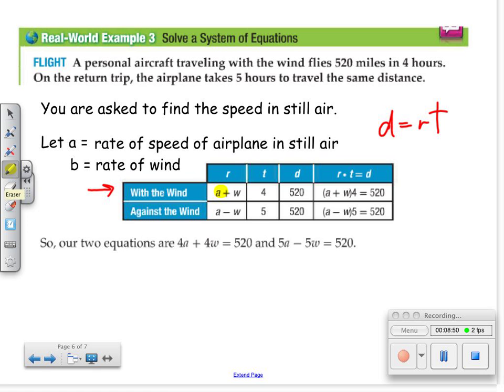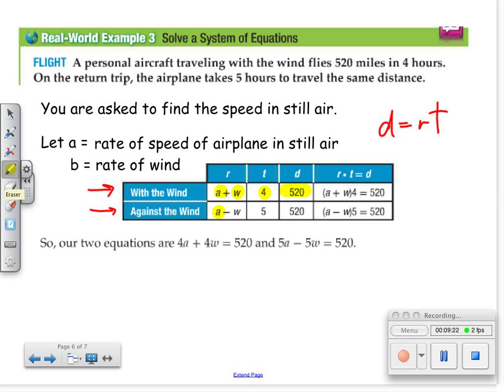So with the wind, we have the speed of the plane, A, plus the wind. And it took how long? It took 4 hours. And the distance was 520 miles. So we can write that as an equation, rate times time equals distance. The distance is 520. And we multiply the rate, which is the airplane speed plus the wind speed, times 4 hours, all right?